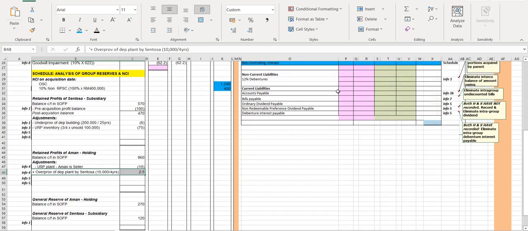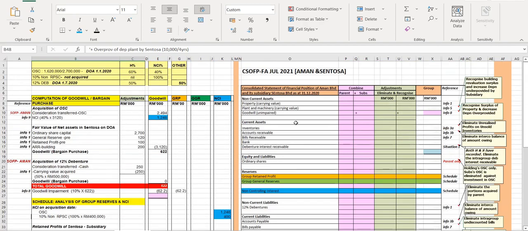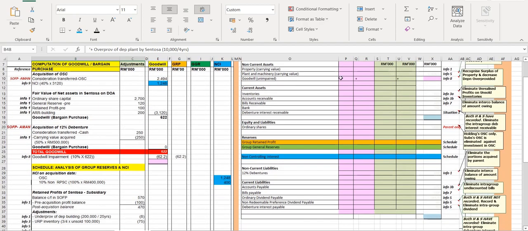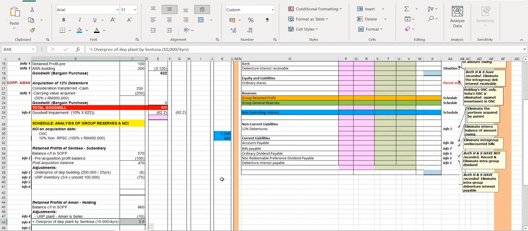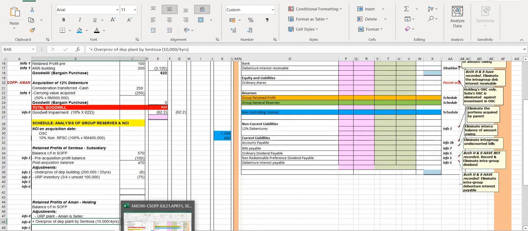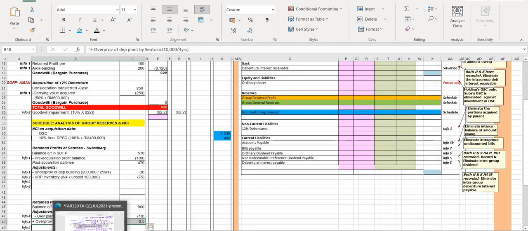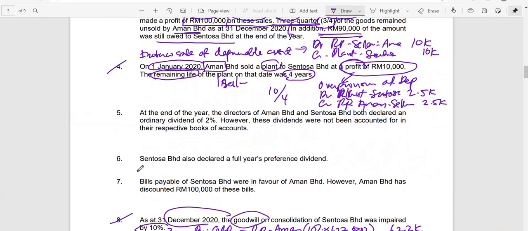We will be doing the statement of financial position, the consolidation, the statement itself later. So we'll be doing this first, which is to look at information. Okay, information number 5 is regarding dividends.